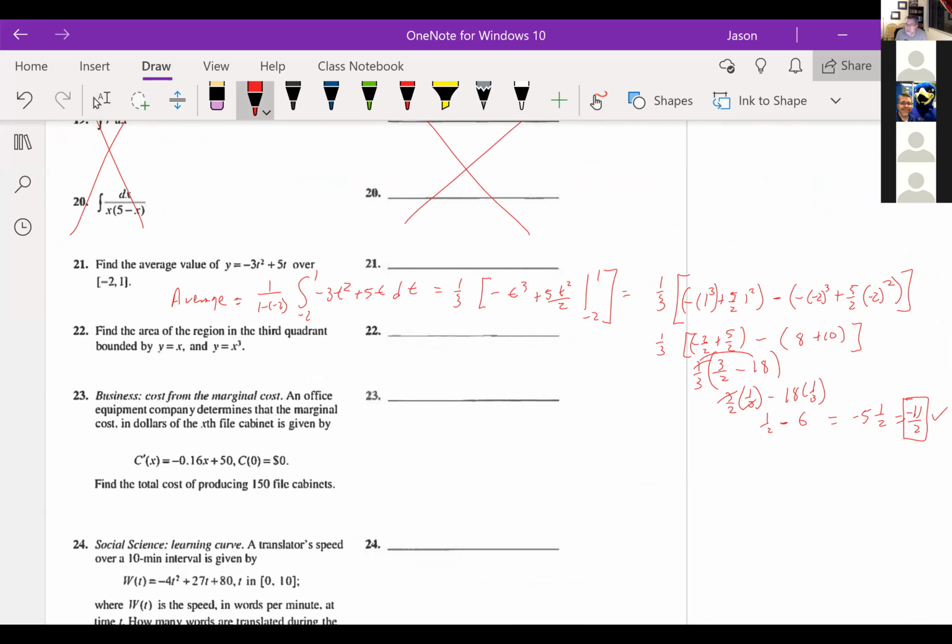How many questions are going to be on the exam? I think there's 10, honestly. Let me check that on my other computer here.